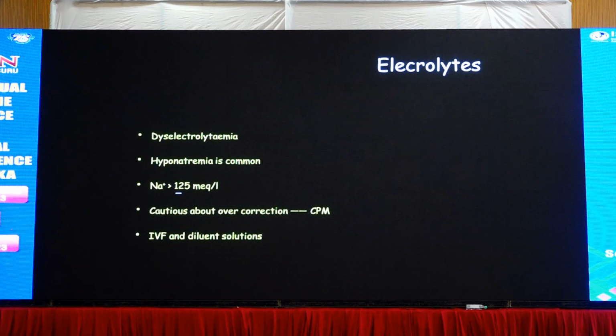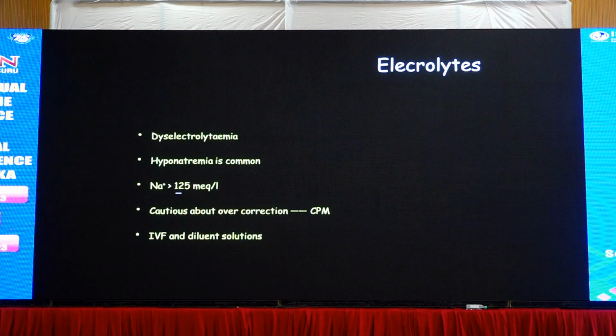Electrolyte imbalances are quite common. Most cirrhotic patients have hyponatremia. You sort of accept cases with sodium levels of 124 or 125 or above.